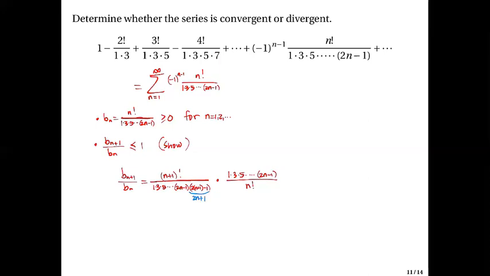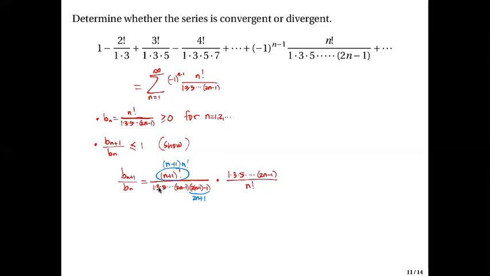So that should make sense. Okay? And this guy here, you can rewrite this as n plus 1 times n factorial, which means we can cancel the n factorial.